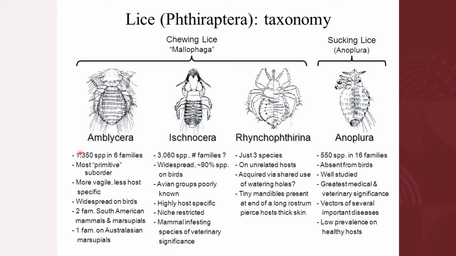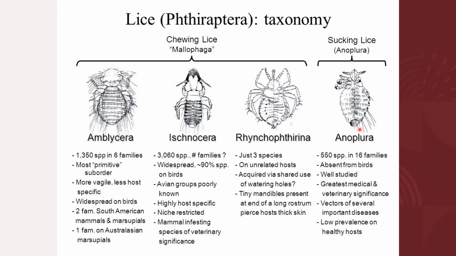For the Amblycera, there are about 1,350 species described in 6 families. This is considered to be the most primitive suborder, and they are widespread on birds. For the Ischnocera, there are about 3,000 species described, widespread in birds. They are highly host-specific, and the mammal-infesting species are of veterinary significance.